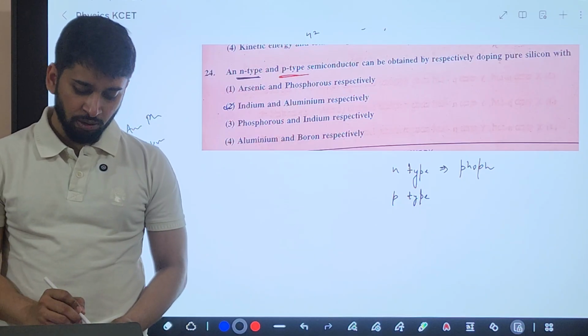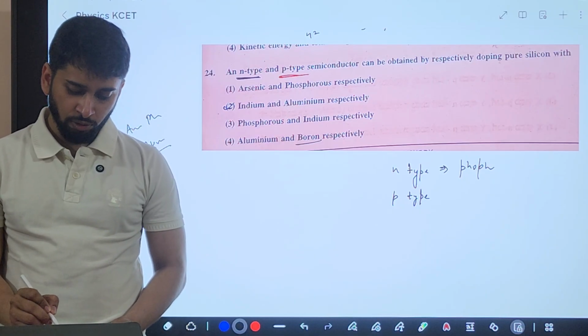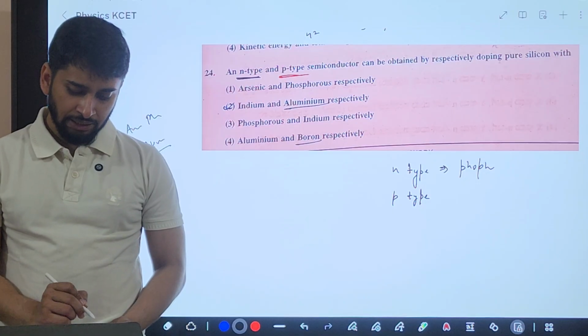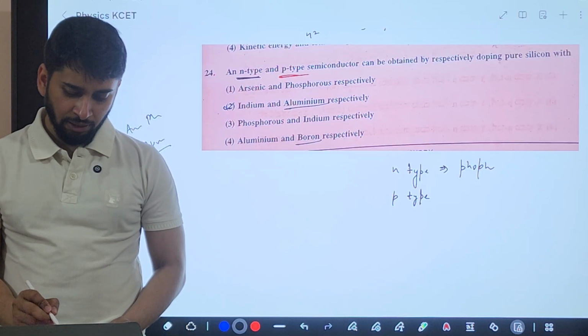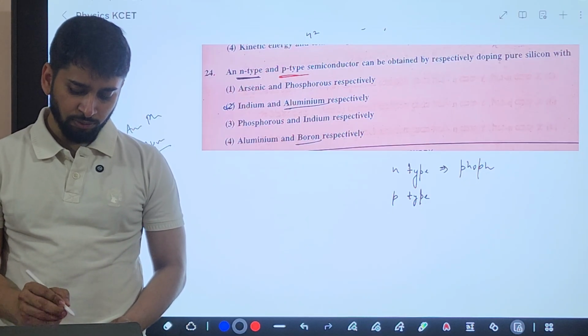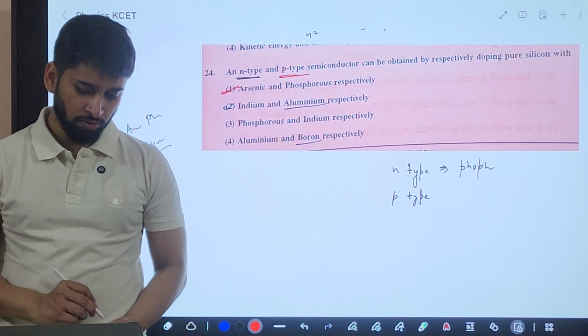So for P type you need boron or aluminium. So here you have boron or aluminium. Fine. Arsenic, antimony and phosphorus. So here the answer will be option 1?